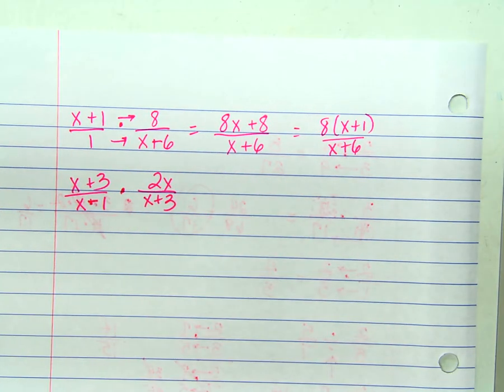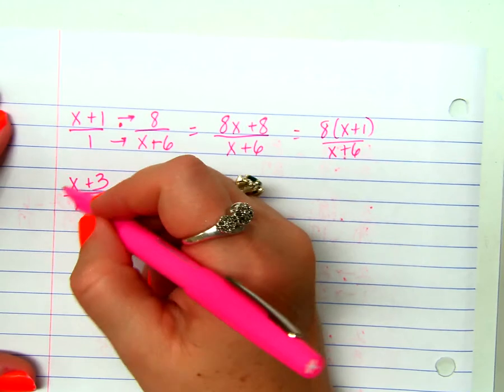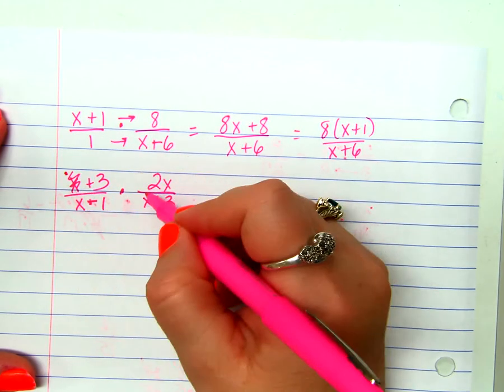So x plus 3 over x minus 1 times 2x over x plus 3. What can I do? Do I want to multiply straight across first? Or is there a common factor I can simplify? Okay, so watch this. I'm going to cancel out this x with this x.